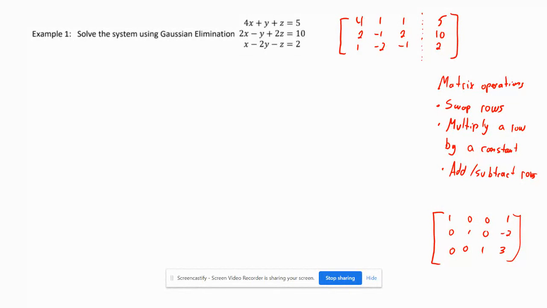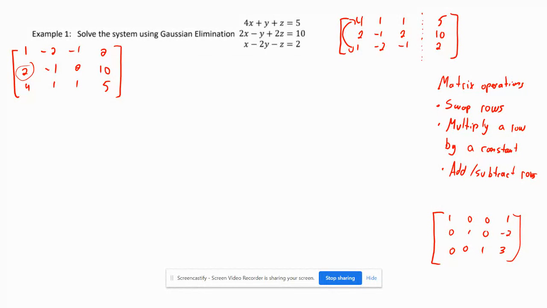Now, first I want a 1 in the top left corner. So what I'm going to do is swap these two rows like this. Okay, so now I want to make this 2 here a 0, like we see over here.